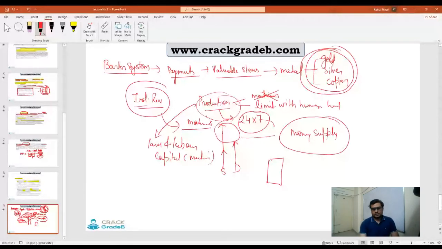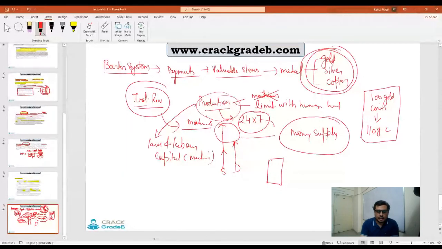Just to give you an example of how these papers were issued: this paper has the worth of 100 gold coins. After 1 year, I will take back this paper from you by paying 110 gold coins.